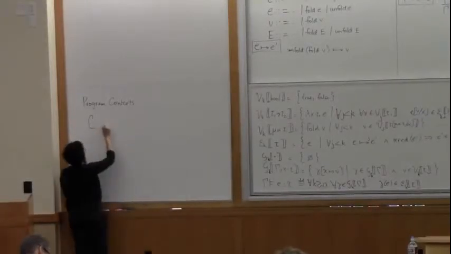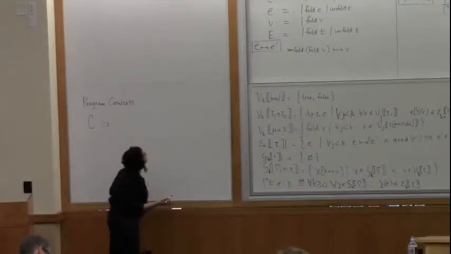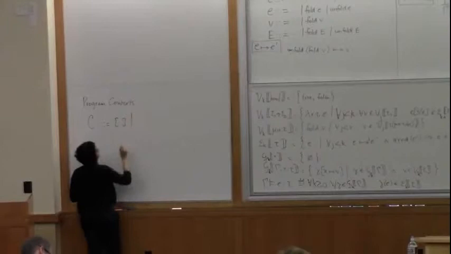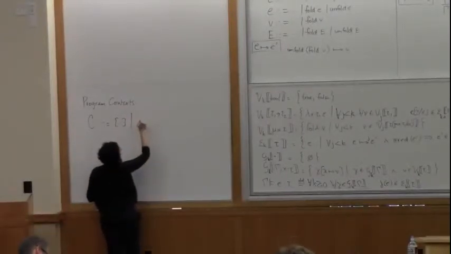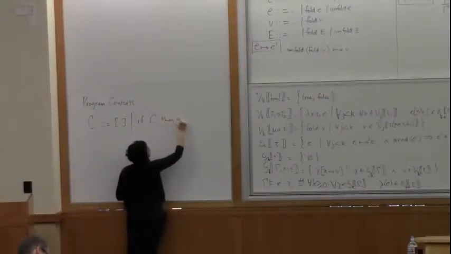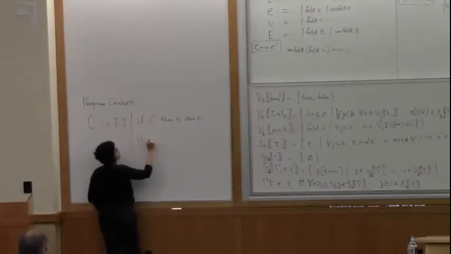Okay, so here's the grammar for program contexts for, let's just do simply typed lambda calculus for now. So here's a valid program context. Here's another one. Here's another one.